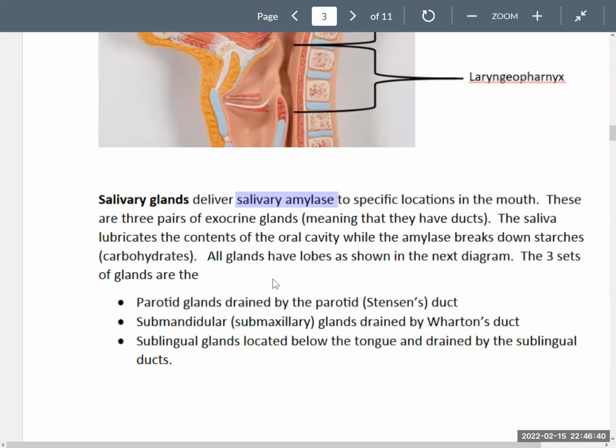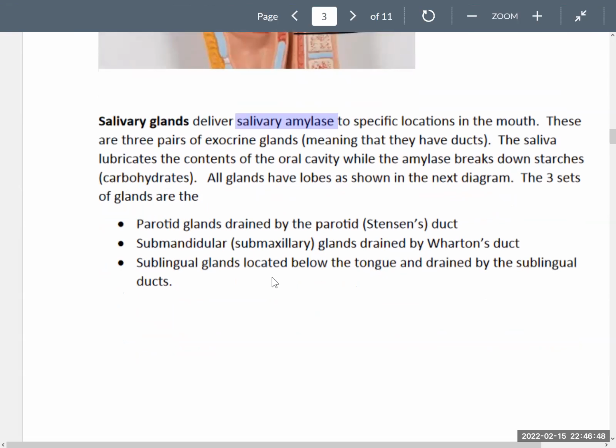There's 3 sets of these salivary glands. We'll name them all in just a moment. Here are the 3 sets. The parotid glands, picture to come. These are drained by the parotid duct. The older name for the parotid duct is Stenson's duct.